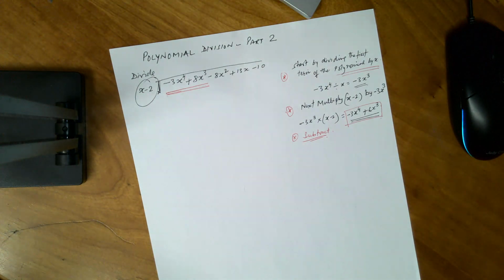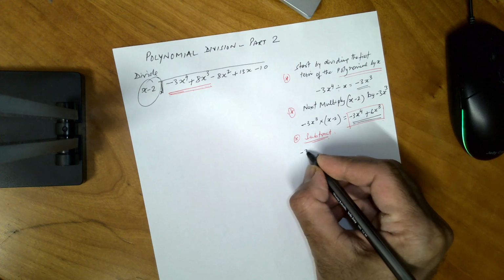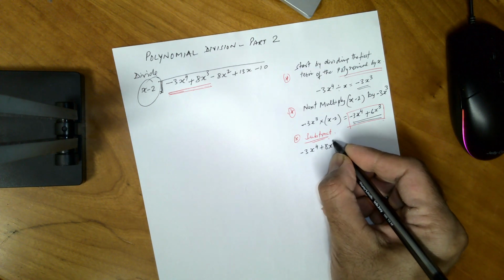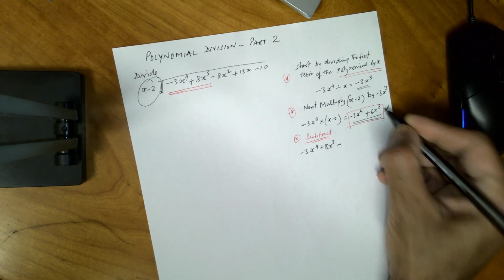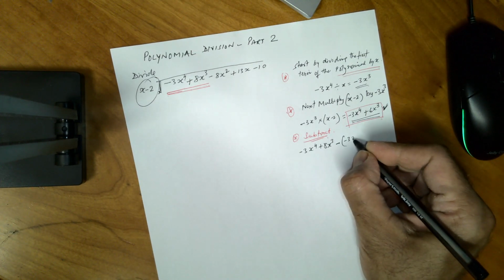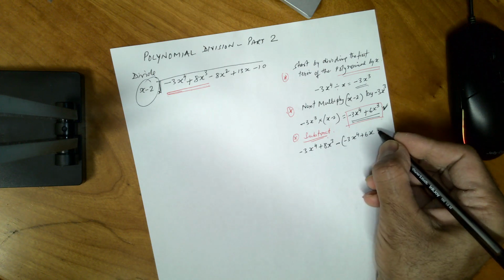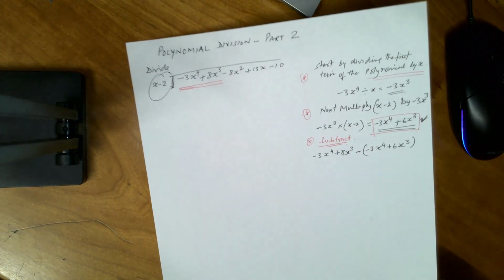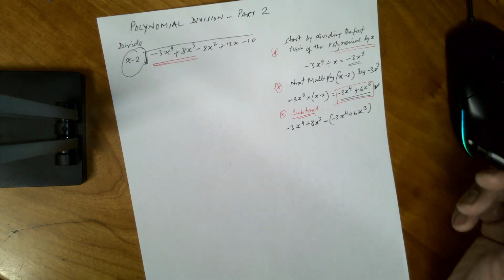So we're going to subtract these terms with this. I'm going to write this down again. From here we have minus 3x to the power 4 plus 8x cubed, and you are subtracting what we got here. I'm going to put this in brackets because it already has a minus sign, so that you don't get confused when we are actually subtracting.